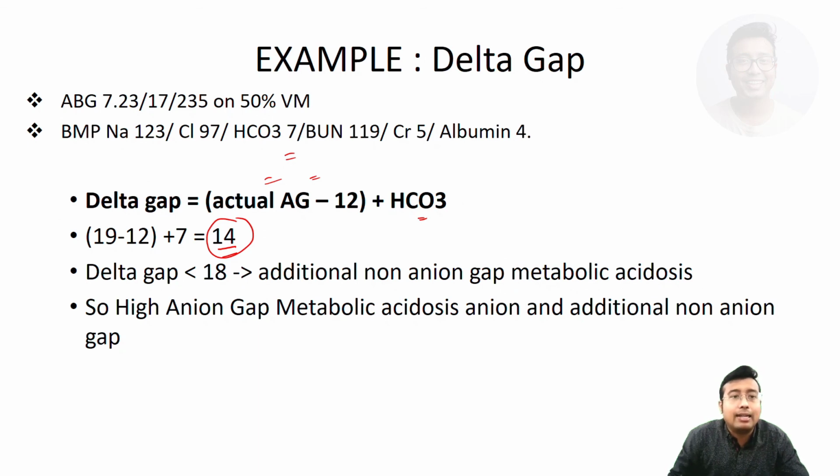So in this case, there is both high anion gap metabolic acidosis, as is obvious from calculating the anion gap, and from calculating the delta gap, there is additional non-anion gap metabolic acidosis.